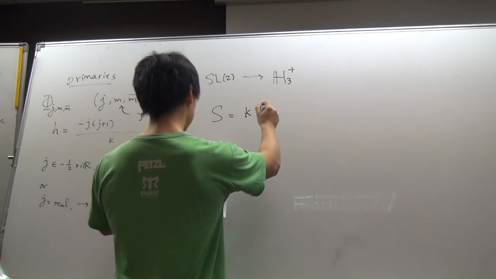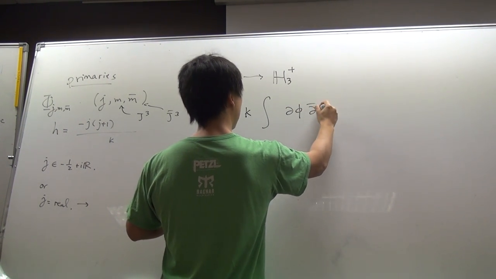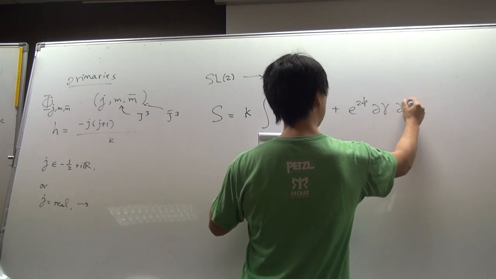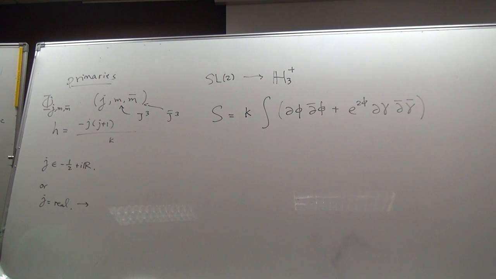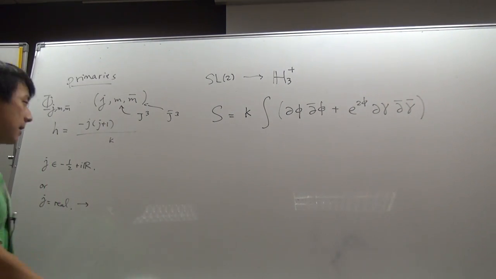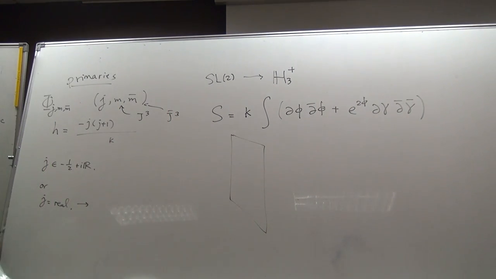So k times the integral of the Wakimoto action, ∂φ ∂̄φ plus e to the 2φ ∂γ̄ ∂̄γ. This is one way to write the Wakimoto action for this Euclidean continuation of SL2. This γ is a complex field. So this is basically Poincaré AdS3.